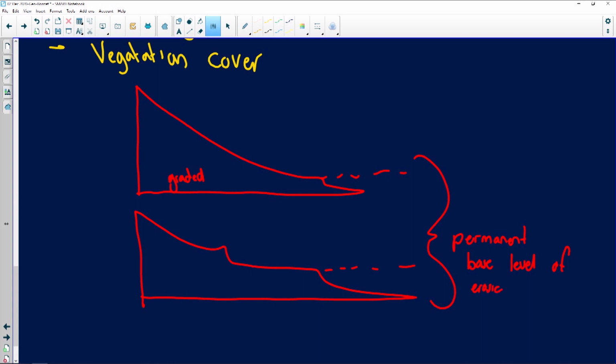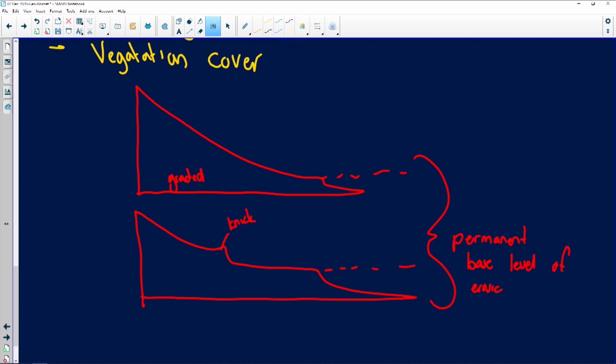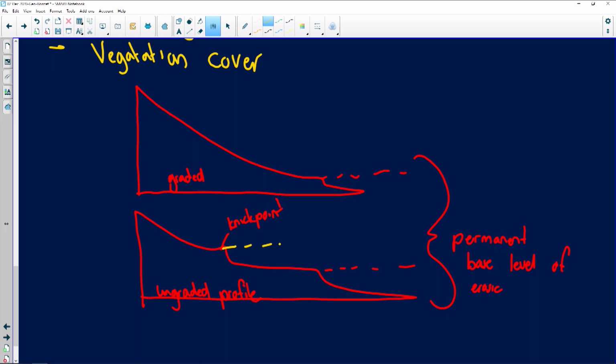But when we experience a nick point, you can see the profile is not smooth anymore. We refer to it as an ungraded profile. And where the nick point is situated is known as the temporary base level of erosion.